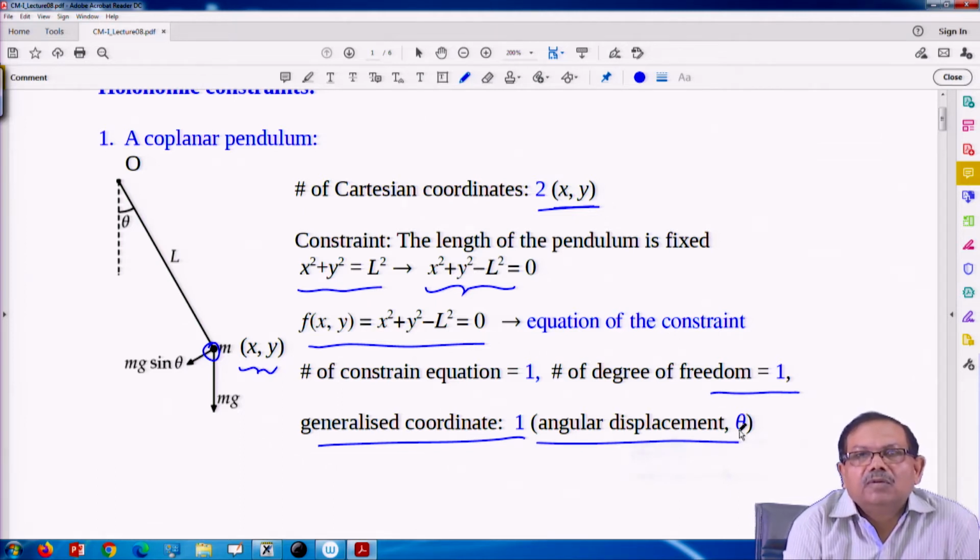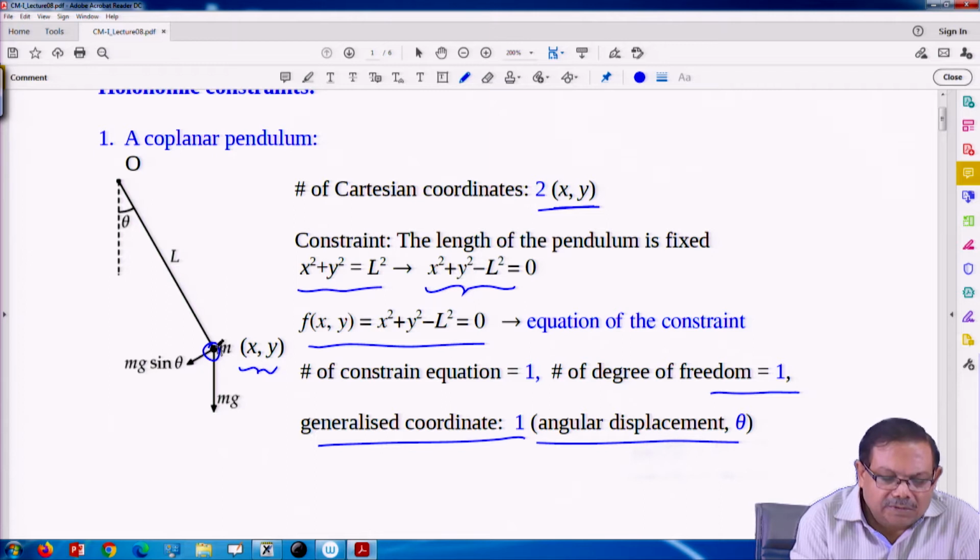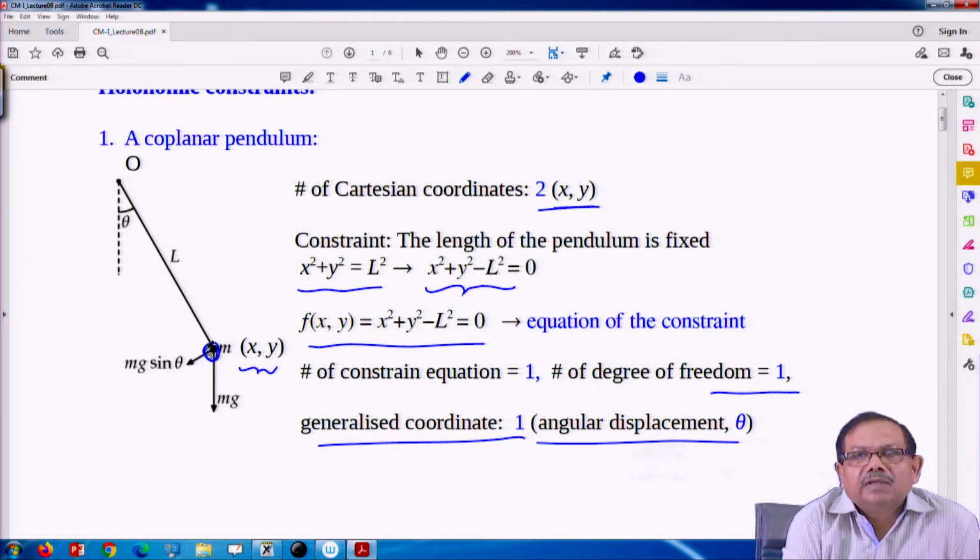But you have already seen, if I try to write the kinetic energy and potential energy of this pendulum, then x and y will naturally combine and you will find that the Lagrangian for the system requires only one independent coordinate, and that is theta.